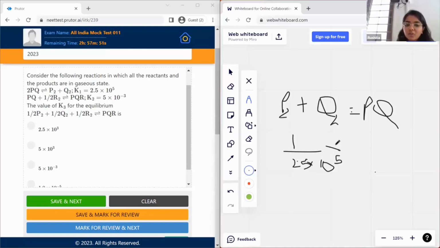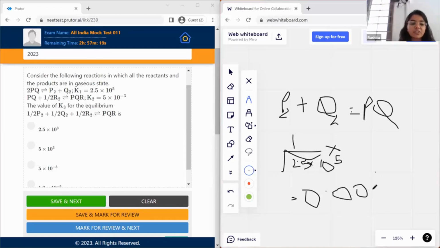So this K2 will also be divided by, no. When we divide the equation by half, the equilibrium constant will have to be square rooted. These are the rules in the NCERT which you should know. So we'll have to square root this. Yeah. So when you solve this, you'll get 0.002.